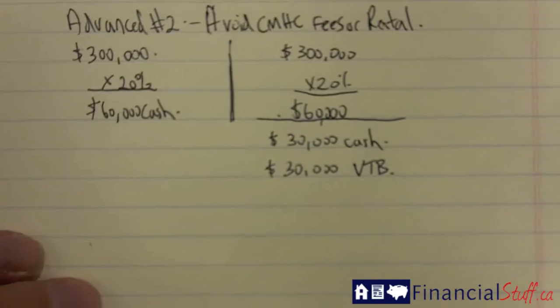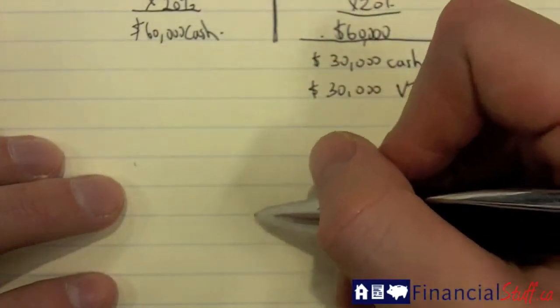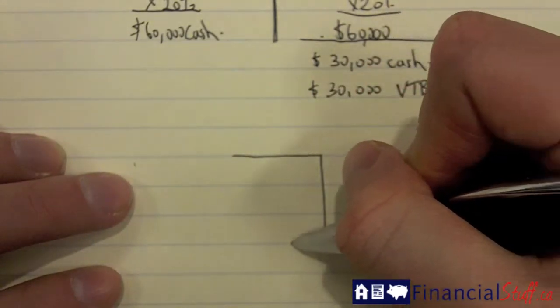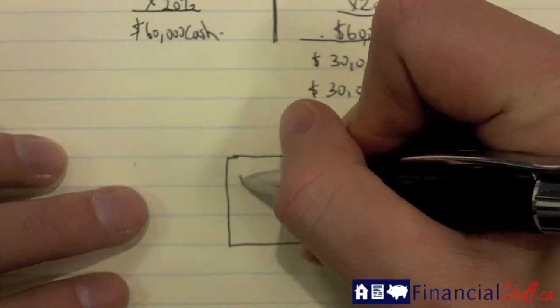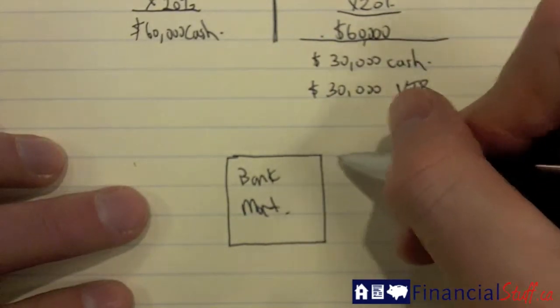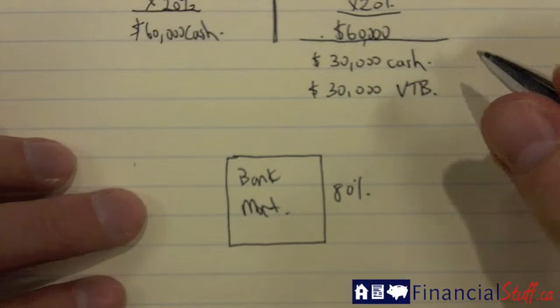So how does this look on title? This is a little bit confusing if you've never seen it before. On title, obviously you'd have the bank mortgage, and that's usually 80% of the value of the property.